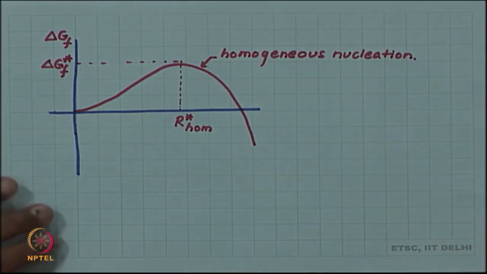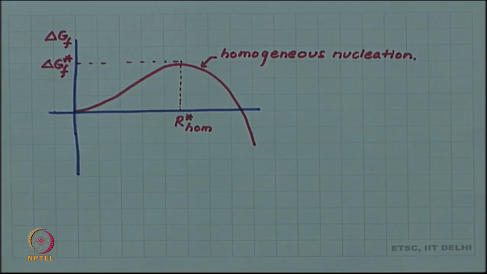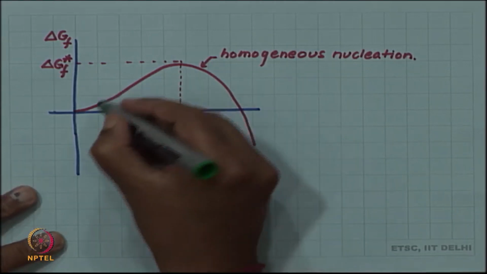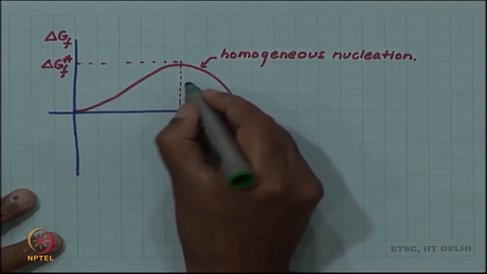If I superimpose the curve for heterogeneous nucleation in the same plot, we found that r star is the same.